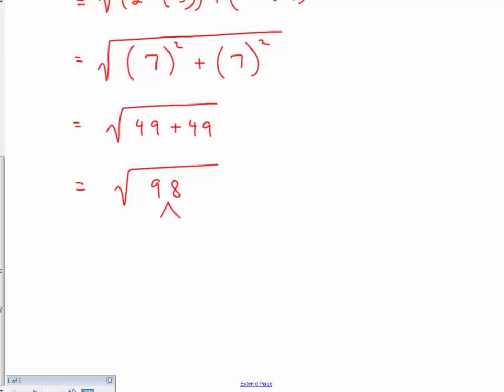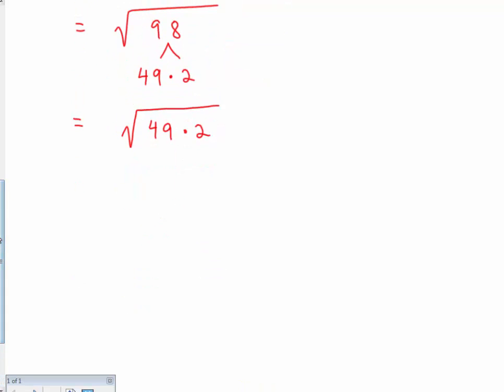Doing this, we find out that 98 is 49 times 2. So we can rewrite this root as the square root of 49 times 2. And then we know what the square root of 49 is. Square root of 49 is 7. 2 is prime, it has no perfect root, so we leave the 2 underneath the root.